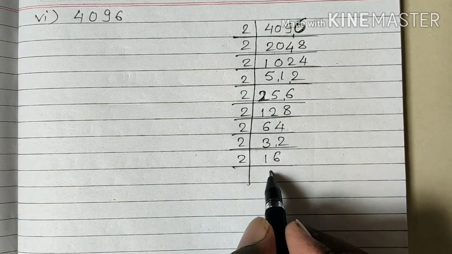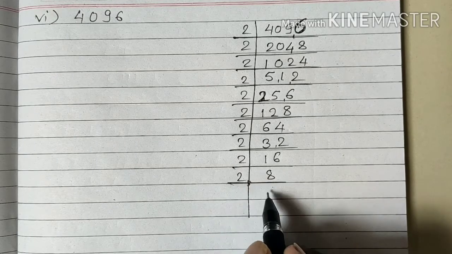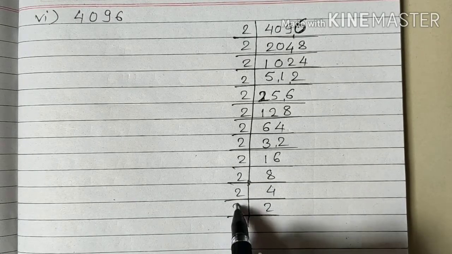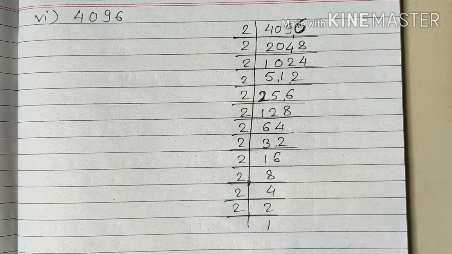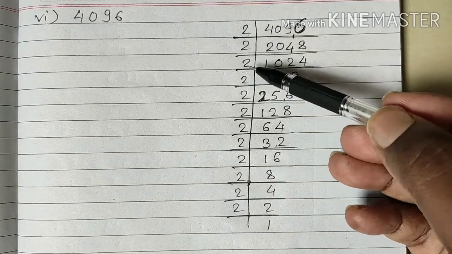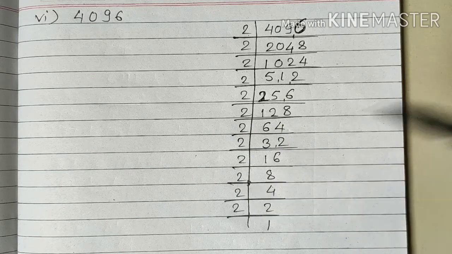So many 2s are there, right? So how many 2s? 1 2 3 4 5 6 7 8 9 10 11 12. 12 times 2 is there.